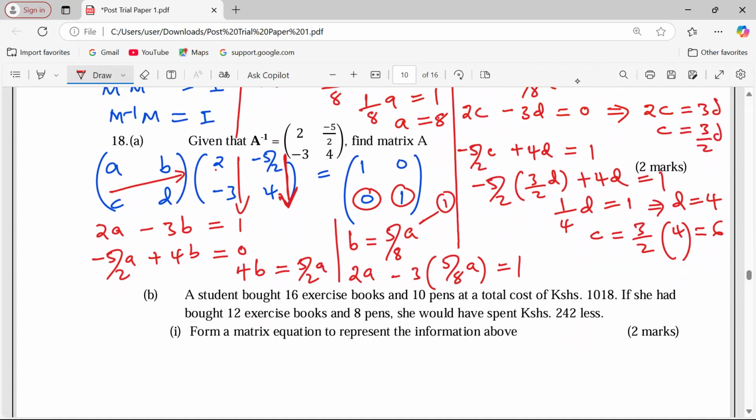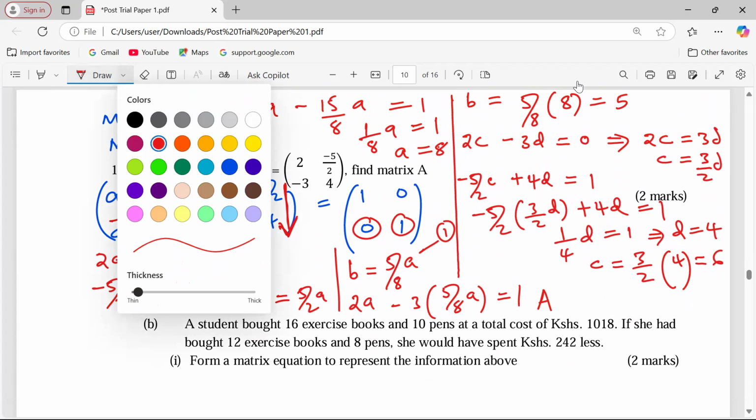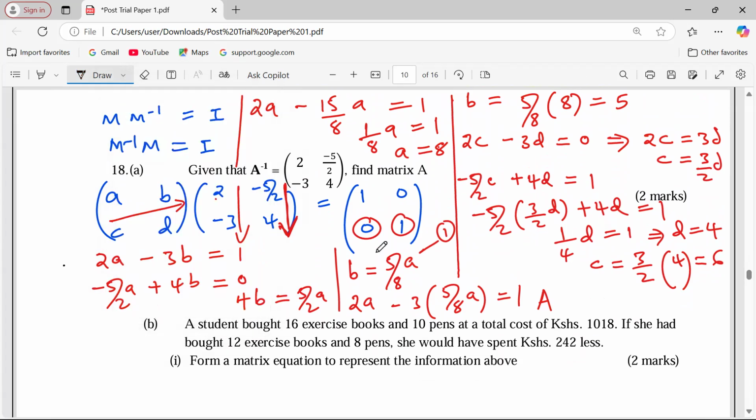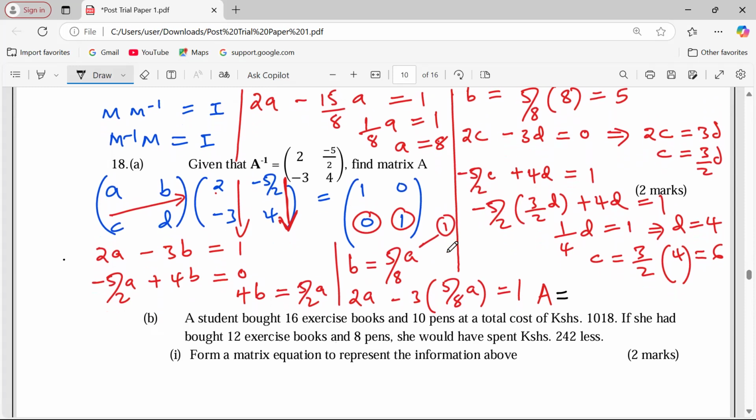Therefore, the matrix A can now be written as AB, that is 8, 5, CD, that is 6, 4. That way, we have our matrix A already done.